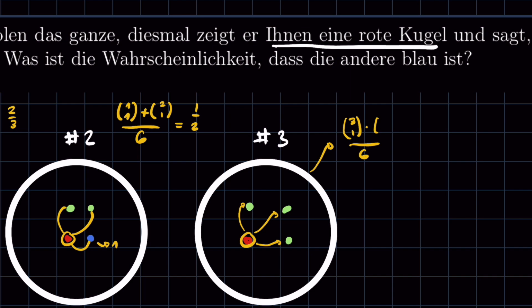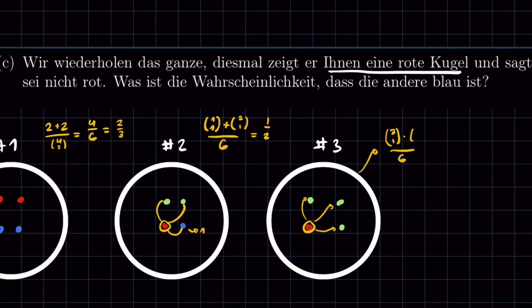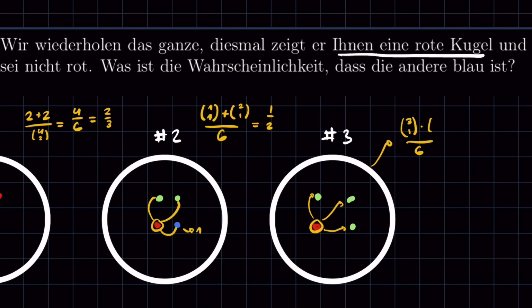Let me just read this real quick. So we can choose either 1 and 1, which is 1 red ball with another red ball and 1 green ball.